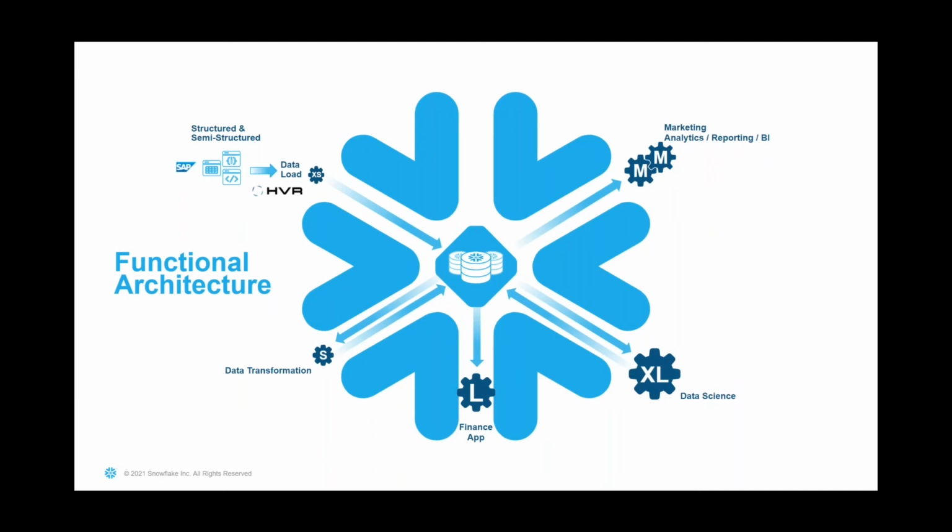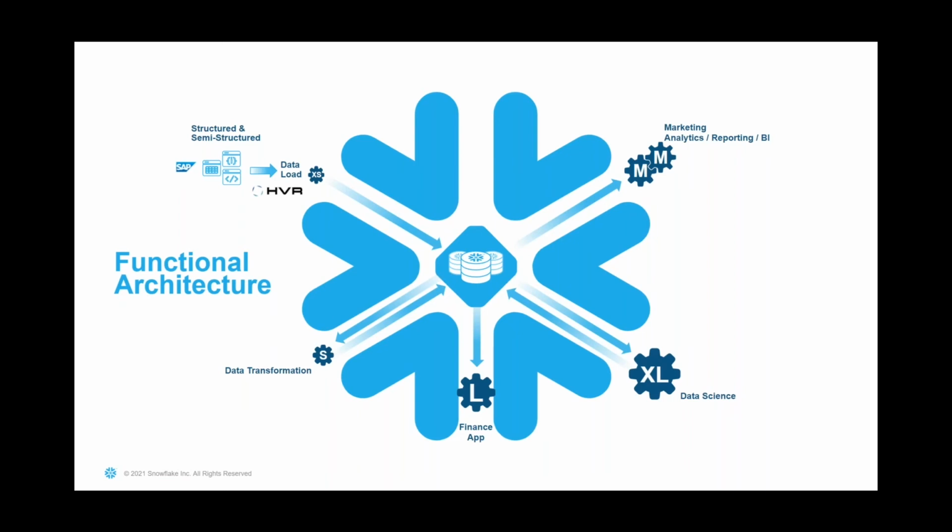Either way, we have HVR using that warehouse to load data from SAP into Snowflake centralized storage. And then you have different warehouses that perform different tasks and can scale independently depending on what you want to do. So there's a warehouse for transforming the data. Finance analysts are maybe doing month-end close or whatever they need to do with the data.